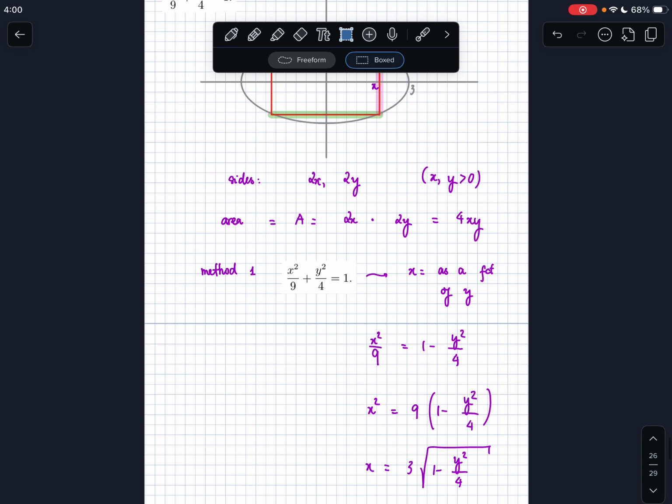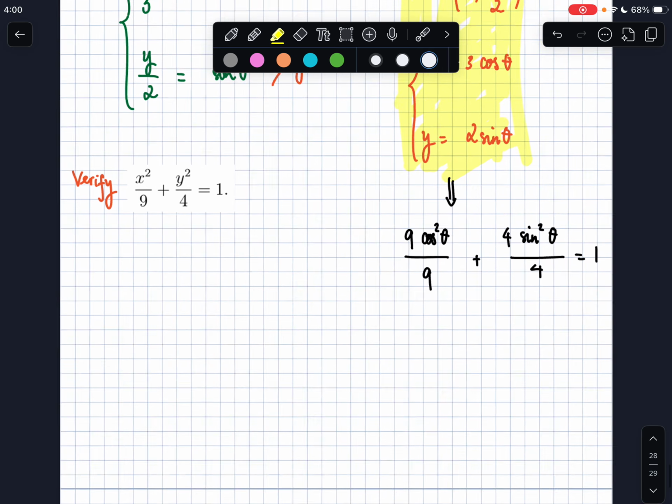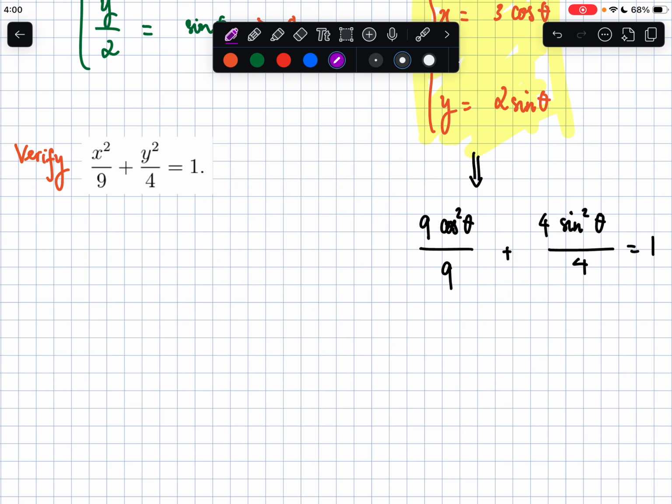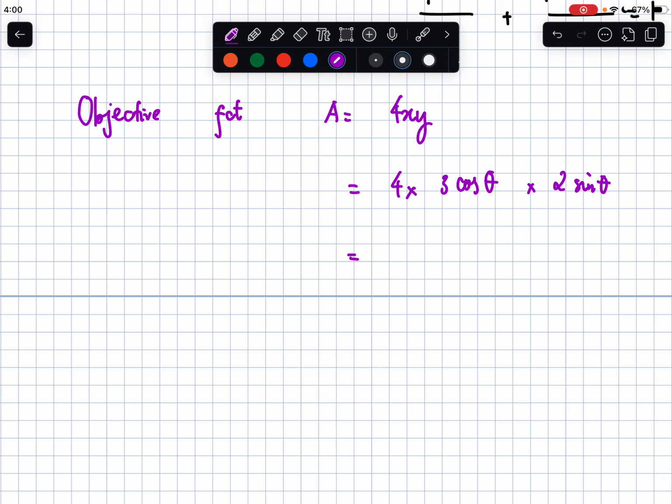I can rewrite the area function. Area equals 4 times x times y. So our objective function, area, 4xy, is 4 times 3 cosine theta times 2 sine theta, which is 12 times 2 sine theta cosine theta.